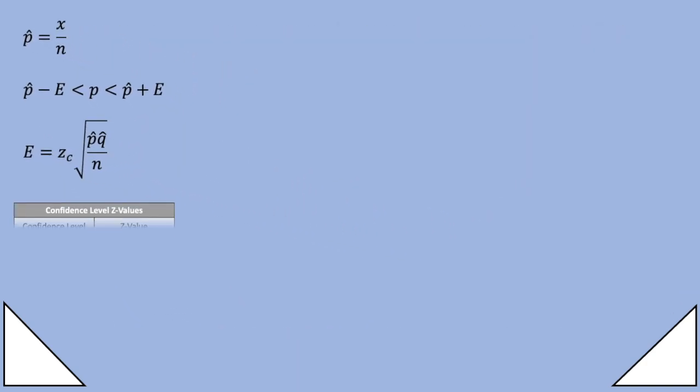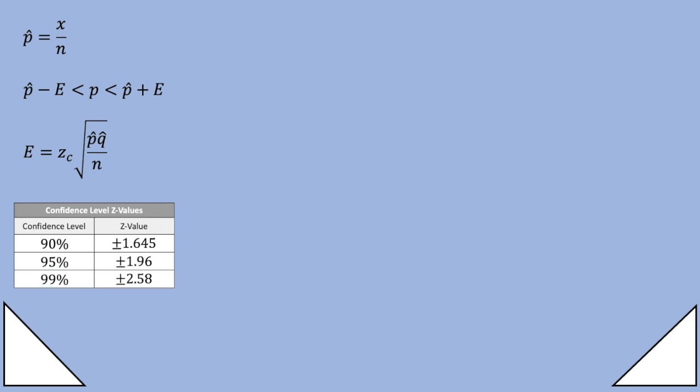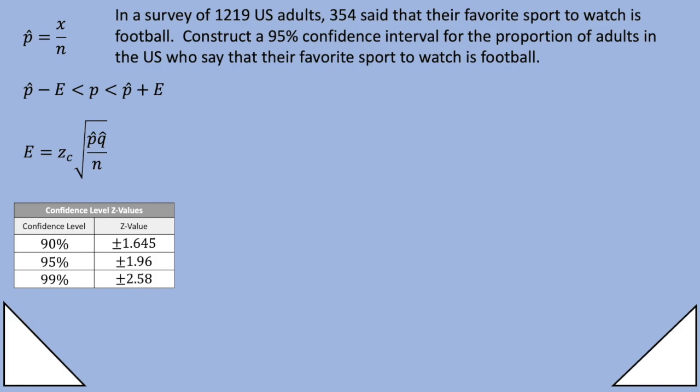First, we're going to pull up our confidence level z-values, and then we'll look at the example. In a survey of 1,219 US adults, 354 said that their favorite sport to watch is football. Construct a 95% confidence interval for the proportion of adults in the US who say that their favorite sport to watch is football. So, step one, find a point estimate.